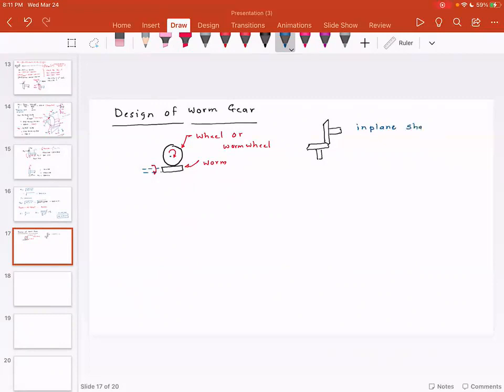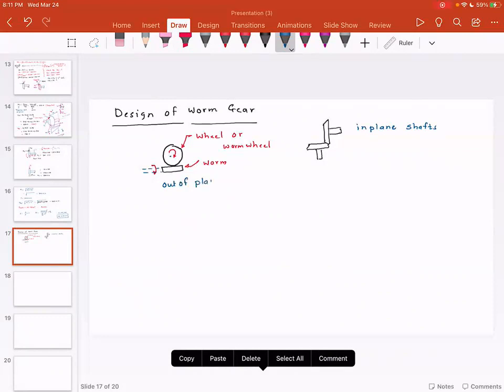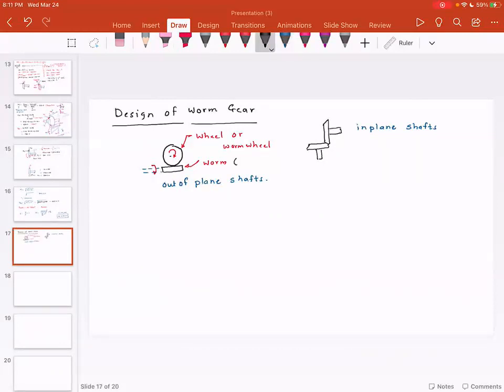These shafts are out of plane. So you have a worm and the worm wheel. If you think about the worm, this is similar to the power screw.